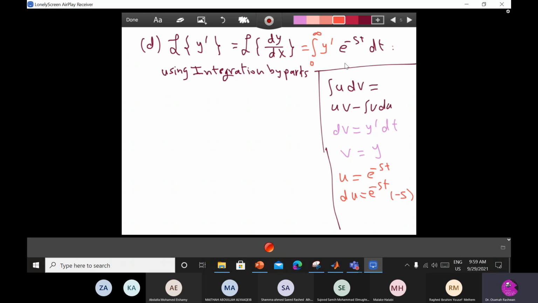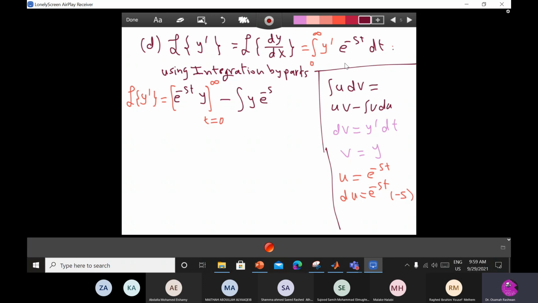Okay, let's do it. So the Laplace transform for y dash will equal, yes, what's u? u is e to the minus st. What is v? v is y. And don't forget, you have to put from t equal to 0 to infinity, minus v du. What is v? v is y. What is du?